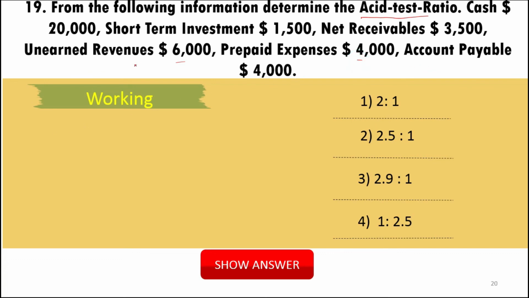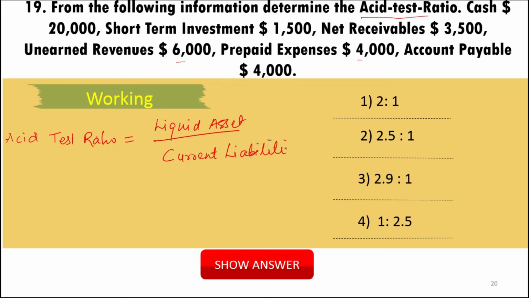So for determining the acid test ratio, we must know the formula. Acid test ratio is equal to liquid assets upon current liabilities.